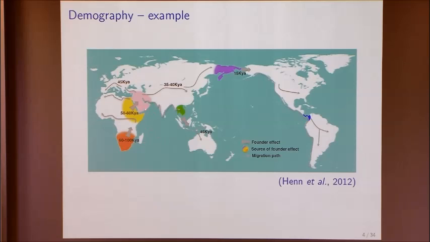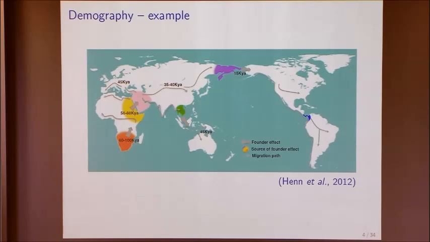There was a wave that moved into Europe, another wave that moved into Asia, and along the southern parts of Asia they further moved into Australia, and the most recent migrations happened via the Bering Strait bridge 50,000 years ago into North America, and more recently into South America.